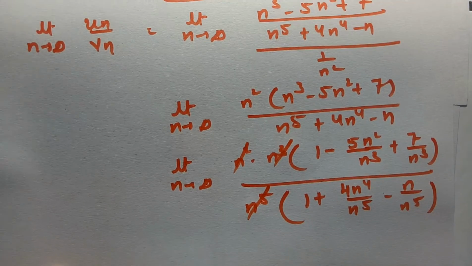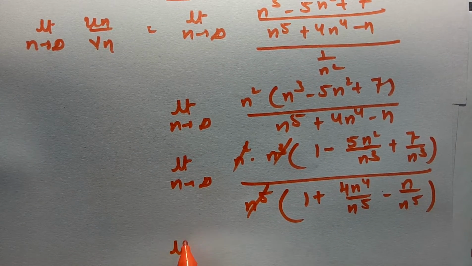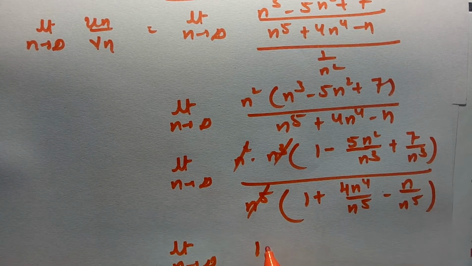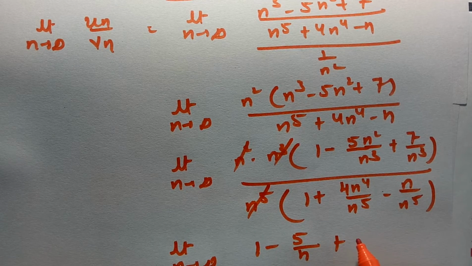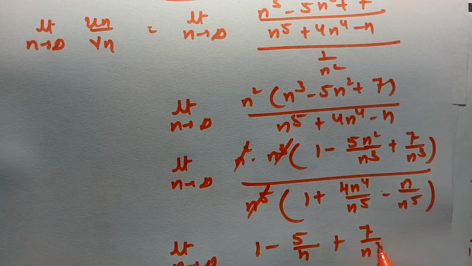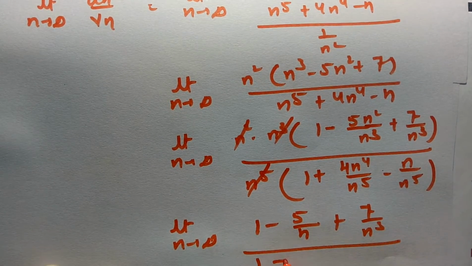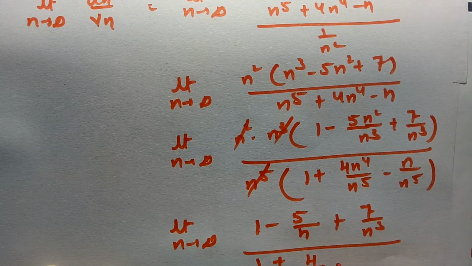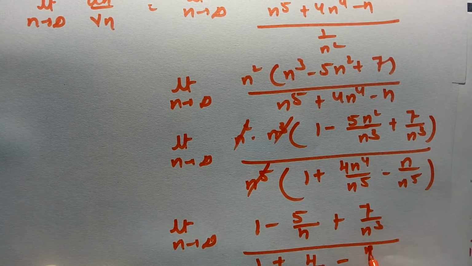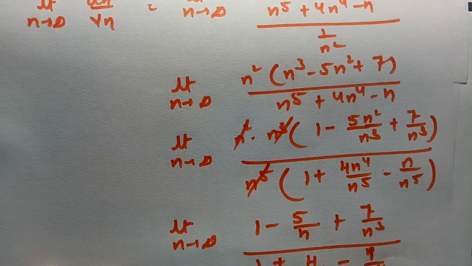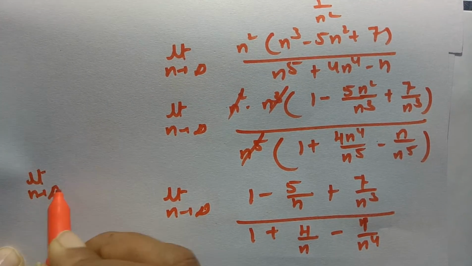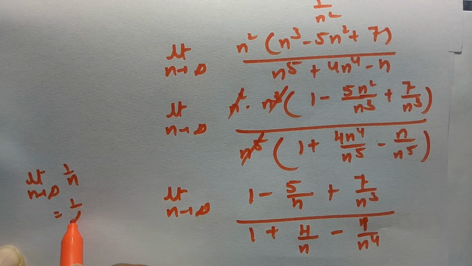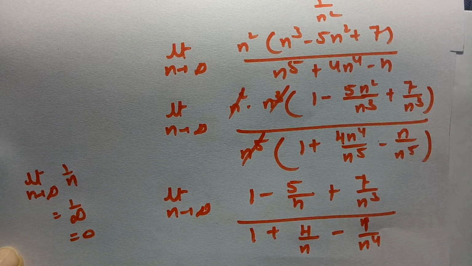So I can cancel these, and as you all know that limit n tends to infinity, the numerator is 1 minus 5 by n plus 7 by n cube, the denominator is 1 plus 4 by n minus 1 by n power 4. As you all know that limit n tends to infinity 1 by n is equal to 1 by infinity, which is equal to 0.